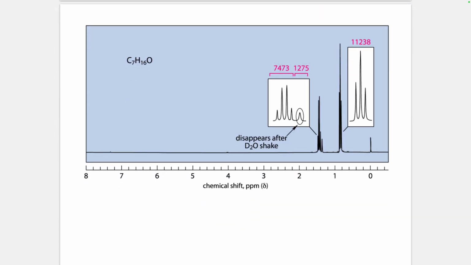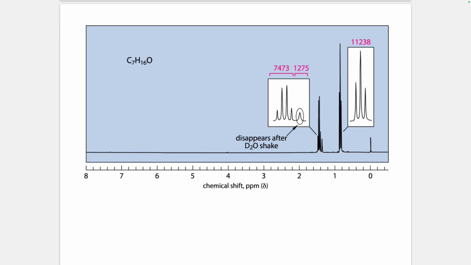The next one has an interesting note here. It says disappears after D2O shake. It's pointing to this little blip there, and it's explaining that there's a peak here that disappears when you mix it with D2O. I'm going to talk about why this happens in a little narrative when we're done with this.